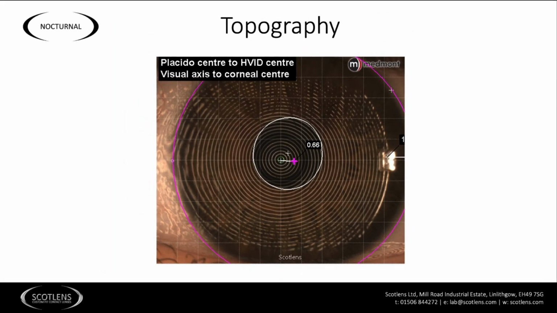It can be measured with the ruler function on your topographer, and if you measure this to be 0.8 millimeters or more, then the chances are greater than 0.8 millimeters is going to lead to disruption in the vision. Again, with higher prescriptions, we need to be more sensitive to this measurement, as patients will get a poorer outcome the higher this measurement.